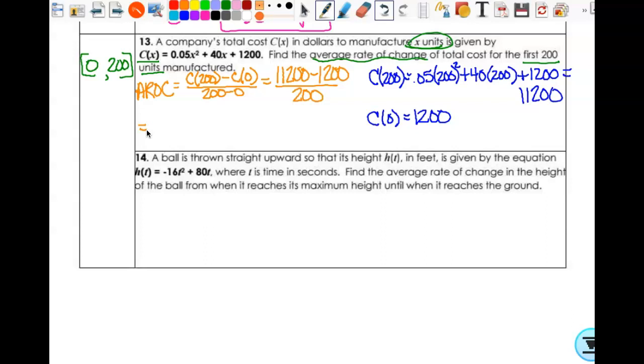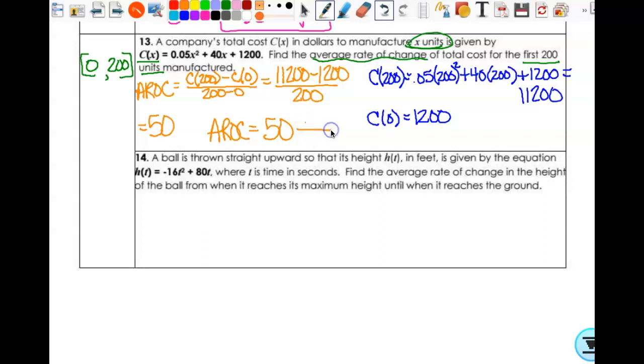$50. Okay, good. All right, so I'm not going to make you write a sentence, but we do have to state what our answer is and use the correct units. So our average rate of change, our AROC, is equal to 50. And then the way you come up with your units is, what do we put in the numerator? That's your C of X. What are the units on that? Dollars.